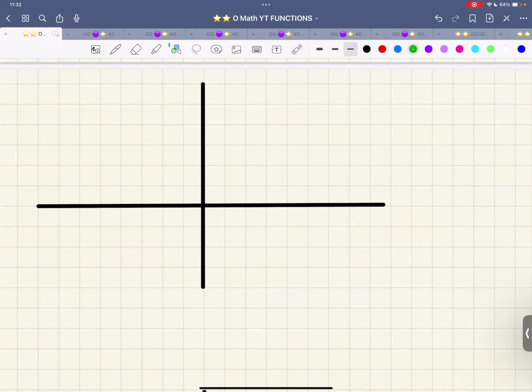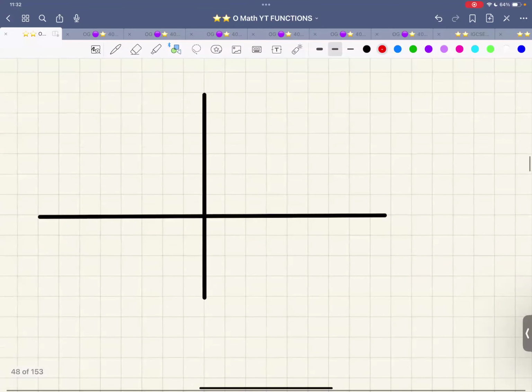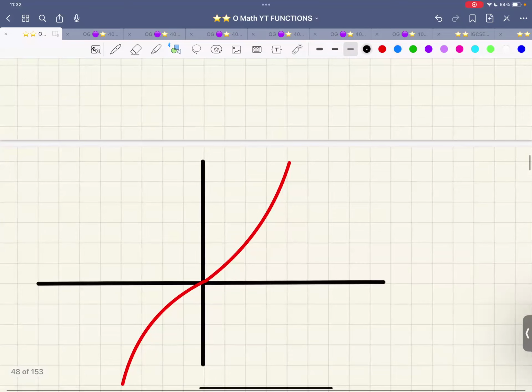Let me do it in steps. So first of all, I have drawn like this. Let me choose a red color over here. And then another portion like this, and that's how the graph would look like. What happens if there is a negative sign on the outside? Therefore, it would be like this and like this. So let me label over here.